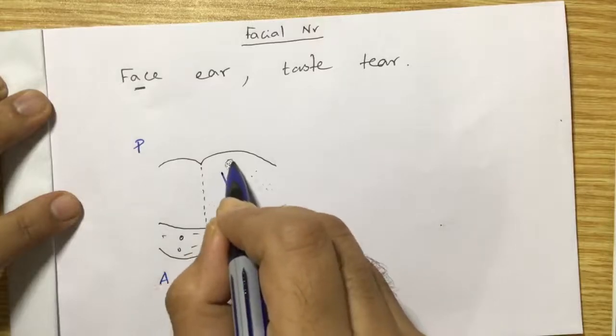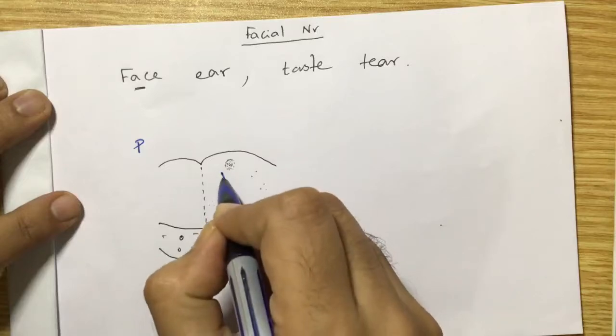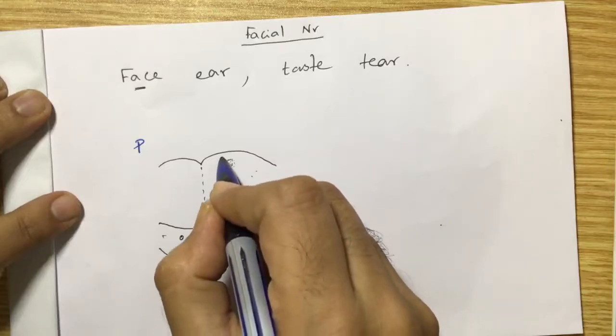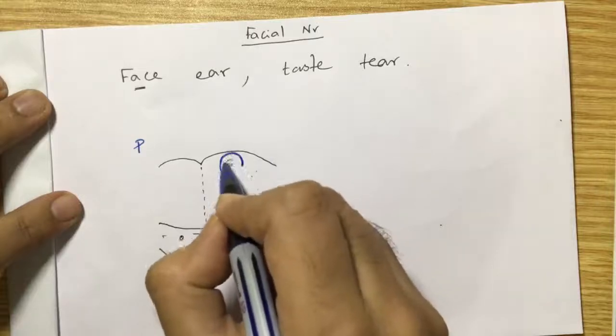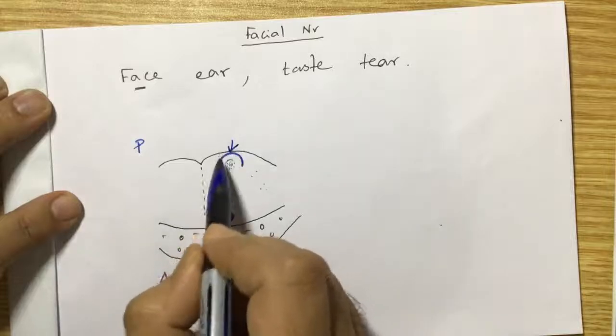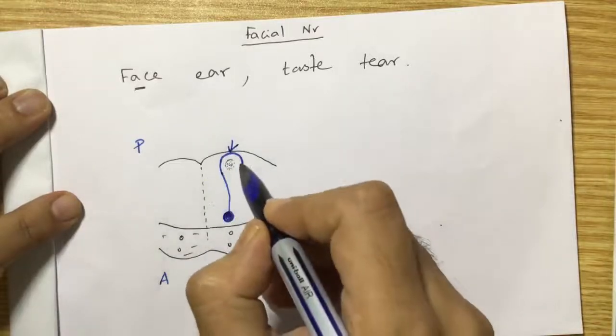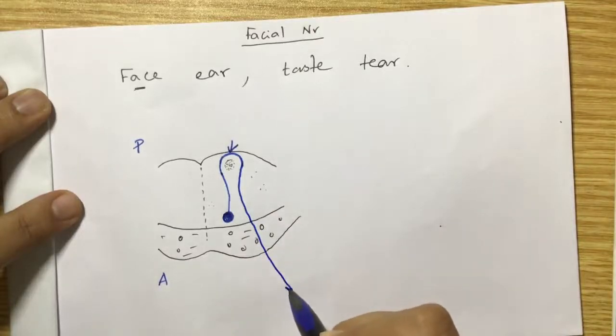Here it is the abducent nuclei. It goes first this way, medially, then it encircles here. Actually, this zone is known as the facial colliculus. Then it encircles, and then it goes like this.